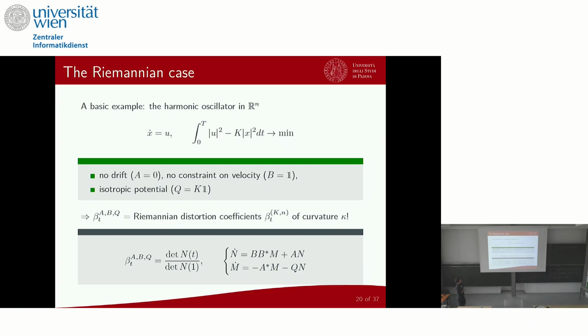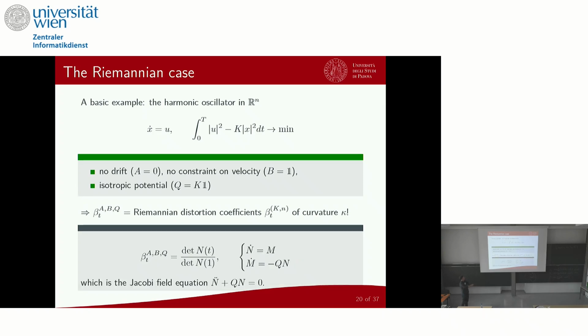So in some sense, you can think to this as a Riemannian situation, because I have control on all directions of the velocity, okay? And, okay, this matrix, so B is 1, this means there is no drift, and the potential here is isotropic. It happens that if you plug here A equal to 0 and B equal to 1, you get the Jacobi field equation, the Riemannian one, so you will not be surprised that this formula recovers the Riemannian coefficient, right?